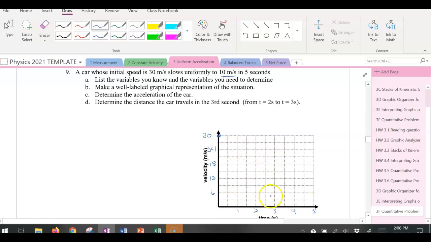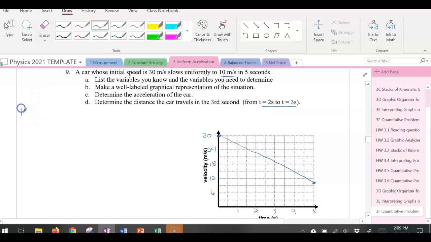At 5 seconds it should be at 10. And since it slowed uniformly, that's a straight line. The questions are to find the acceleration of the car and also the distance that it traveled from time 2 to time 3.